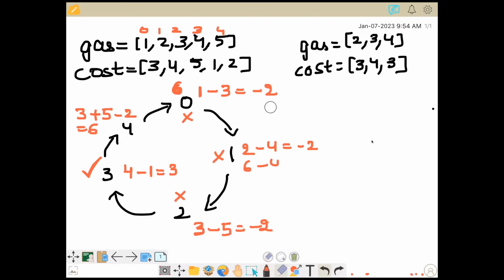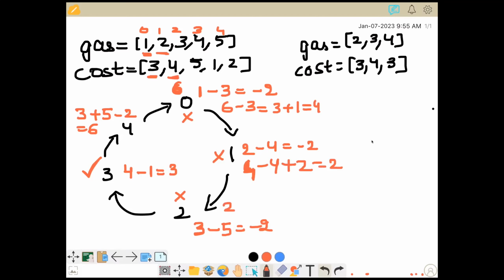So we have 6 points at 0, and at 0 we require 3 gas points. 6 minus 3 will be 3, and we fill up 1 gas point, so plus 1 equal to 4. We move here with 4 gas points. So we require 4 gas points to reach the next gas station, and we fill up 2. So we still have 2 gas points left.